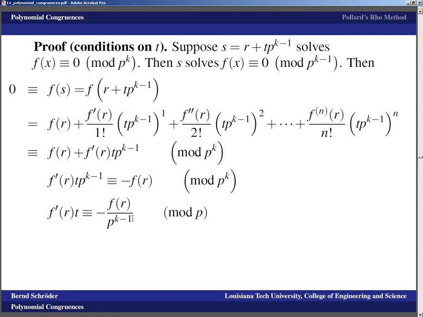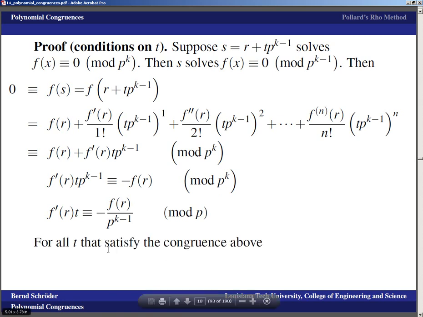That's what we assume all along, which means we can take this congruence and divide by p to the k minus 1, and get something that also works, but this time it works modulo p, because of course we also have to divide it out of the modulus.